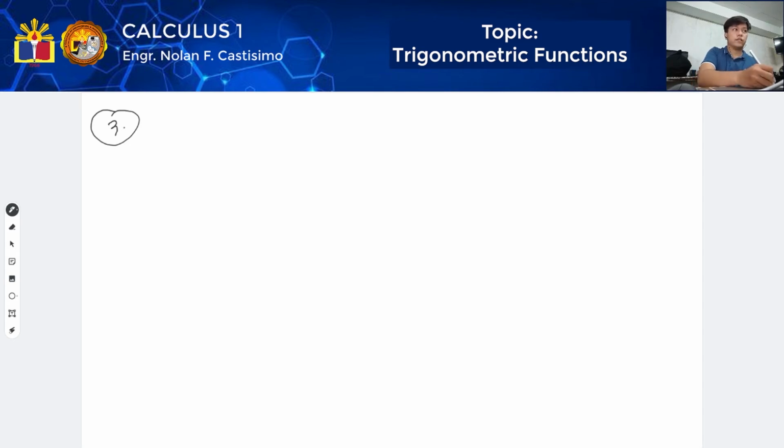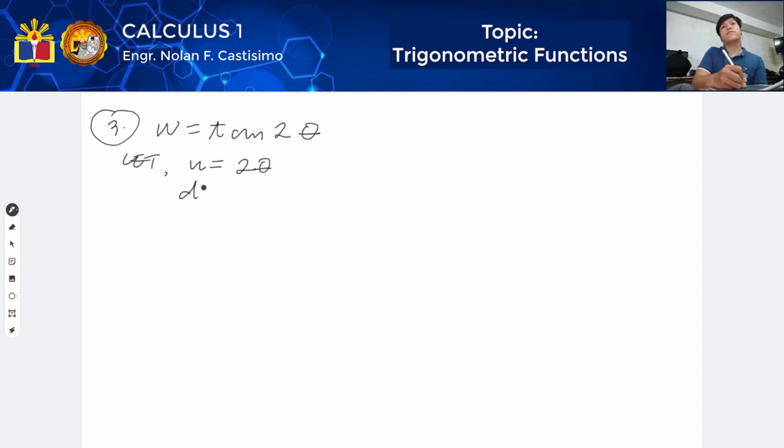Next. Sample number 3, we will have problem for tangent. So, w is equivalent to tangent 2 theta. So, ang domain natin is si theta. So, let u is equivalent to 2 theta and du over d theta is equivalent to 2.